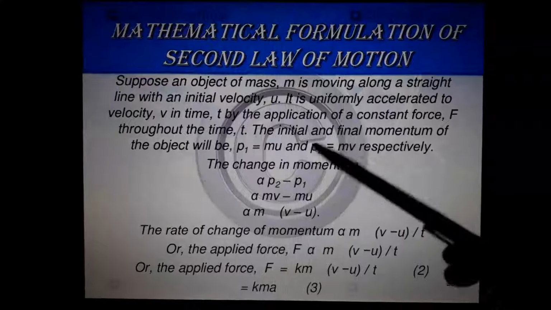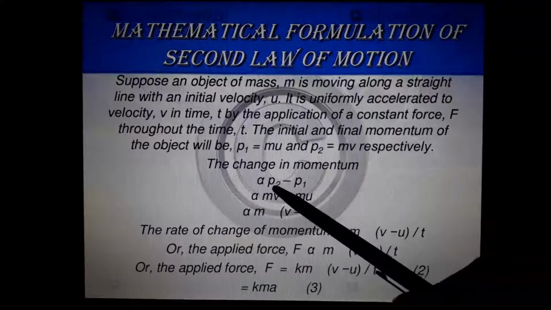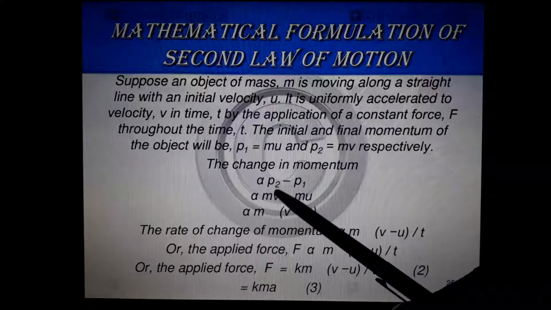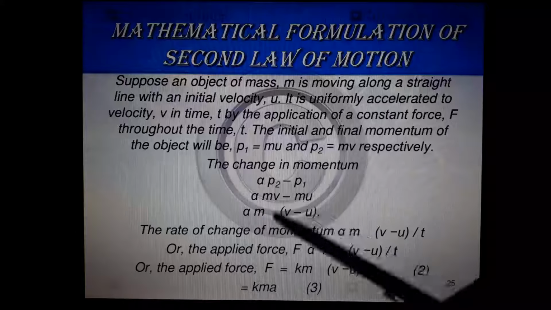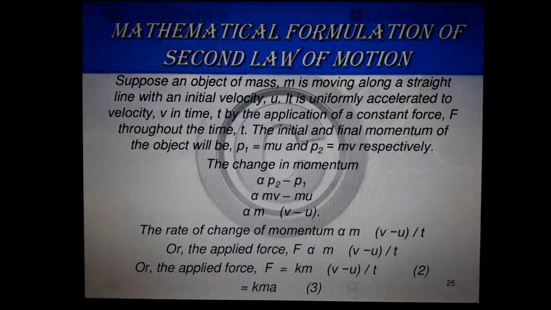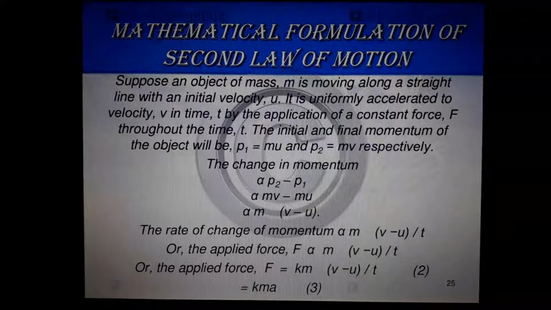By this equation, if we substitute, F is proportional to final minus initial momentum, P2 minus P1, that is mv minus mu. Take m common outside. So F is proportional to m into (v minus u) by t. What is (v minus u) by t?